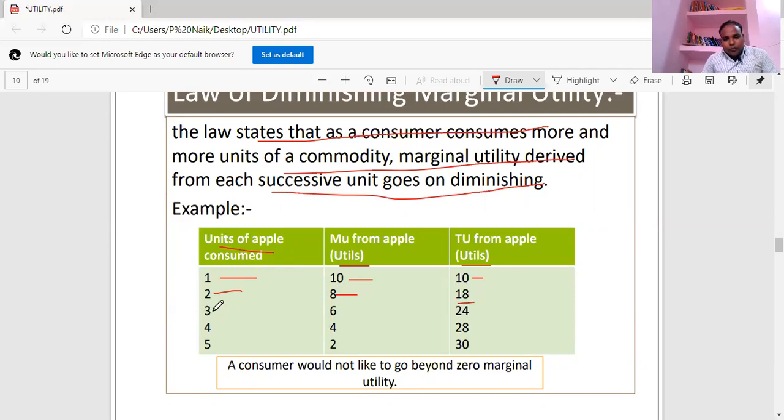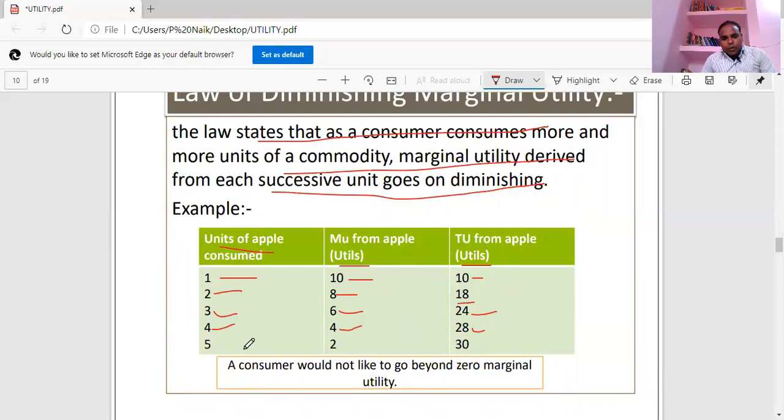Then if we are consuming 3 units of Apple, we are getting 6 units of marginal utility, and total utility is 24. If we are consuming 4 units of Apple, we are getting 4 units of marginal utility and 28 units of total utility.